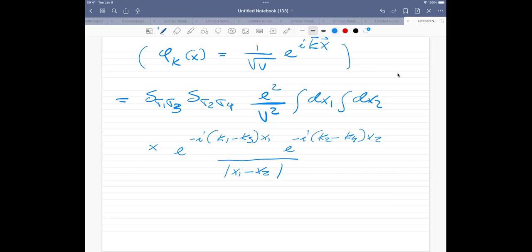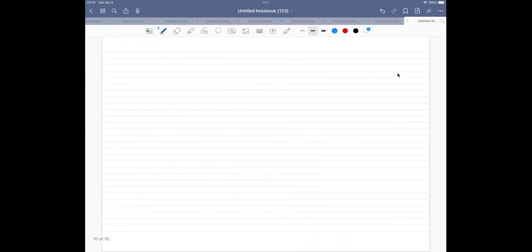So let's just look at the spatial integrals. We have a double integral, dx1 dx2 here, and let's look at these terms. I'm going to rewrite it slightly.